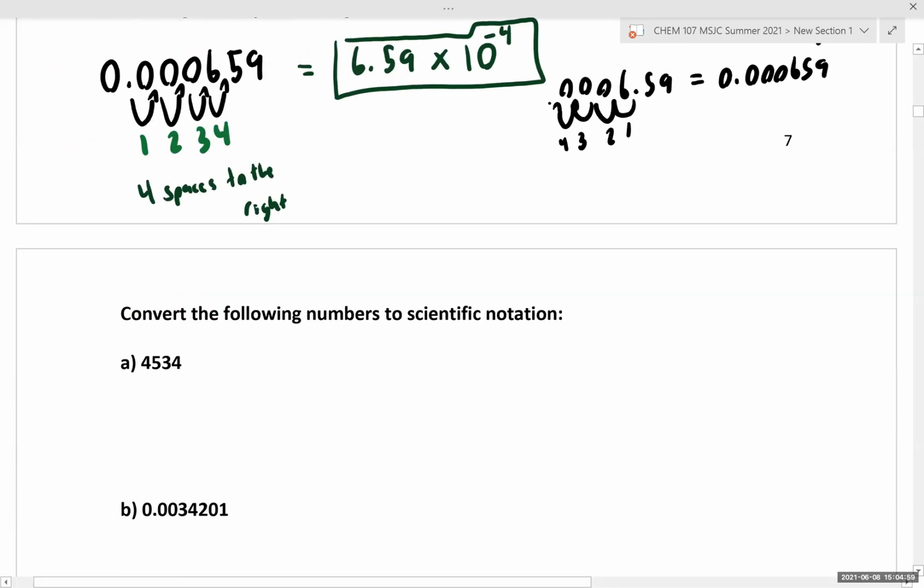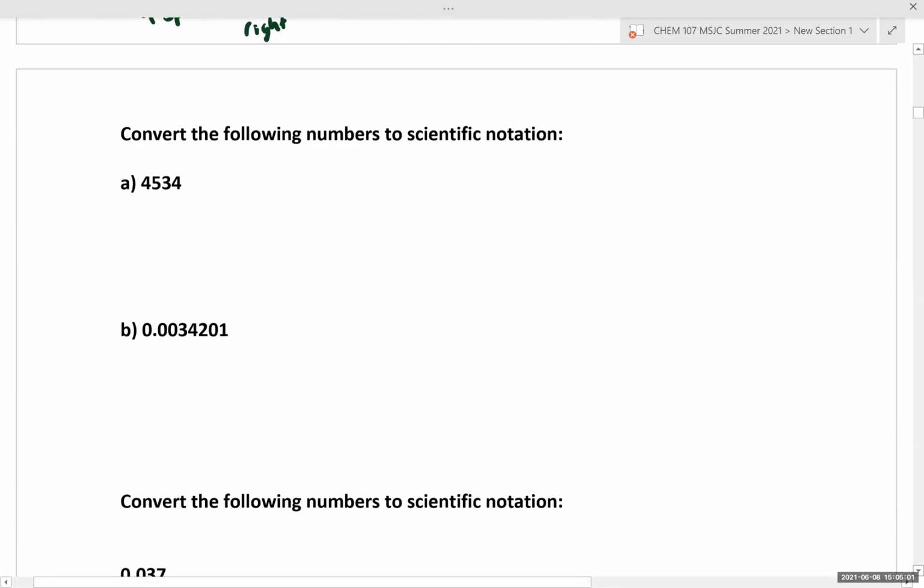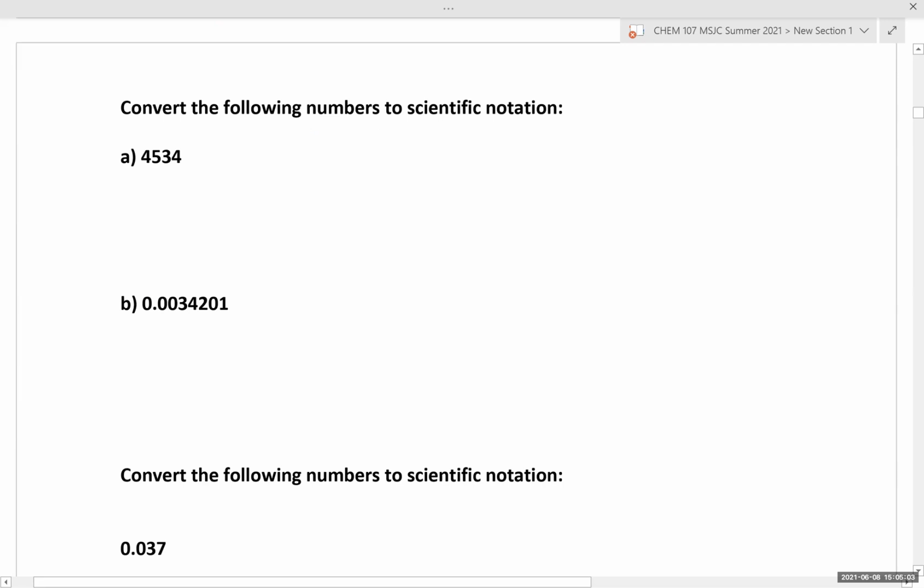Okay, so I'm going to do some examples and then we're going to work on some examples as a class. If we're asked to convert the following numbers to scientific notation, we have 4,534. I put the decimal point at the end.